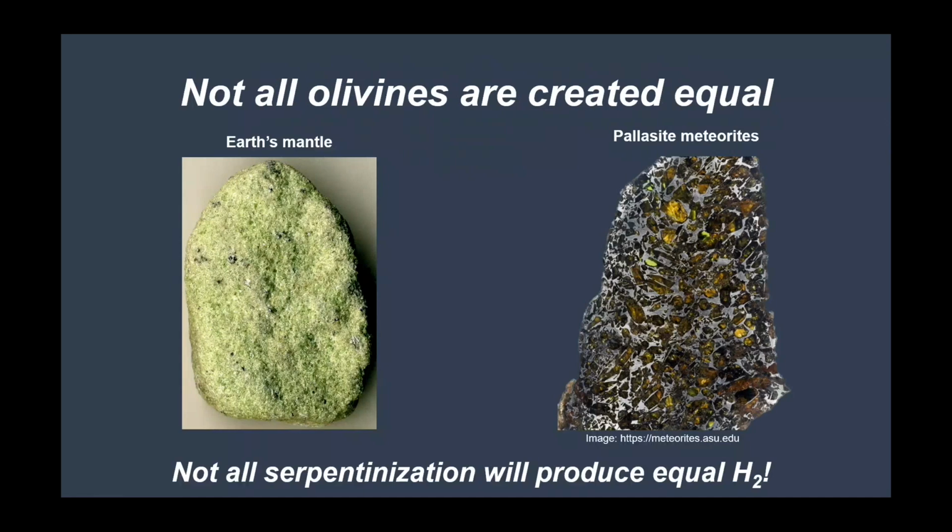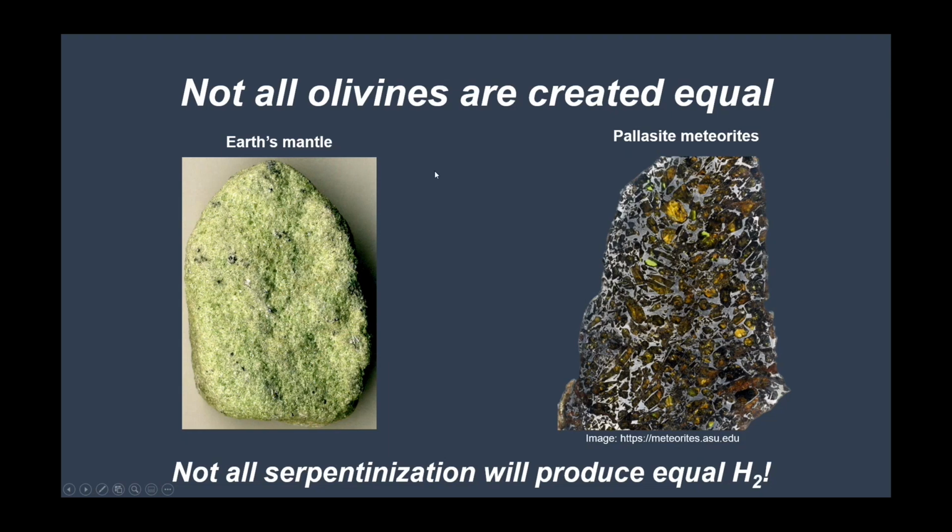But importantly, Lisa's data set there, I think, is mostly focused on terrestrial serpentinites, what we would classically think of as serpentinization of Fo90 olivine and its conversion to magnetite and serpentine and perhaps brucite. Earth's mantle is typically made up of this beautiful green olivine here. Those of us who looked at San Carlos olivine, gem quality olivine, it's always this beautiful apple green color.